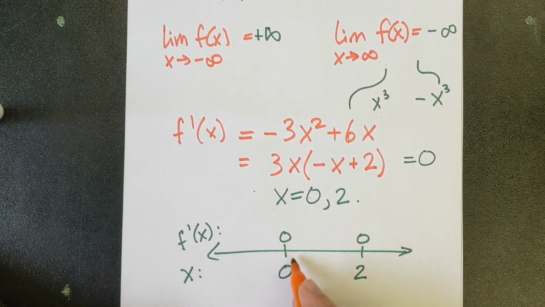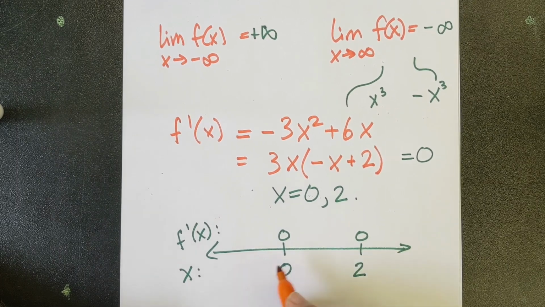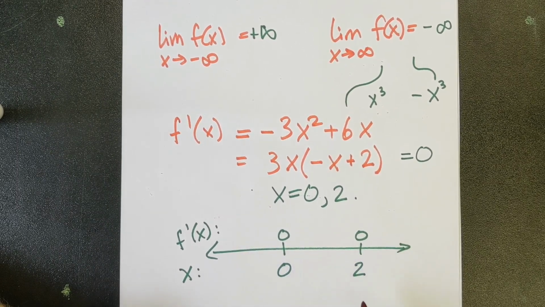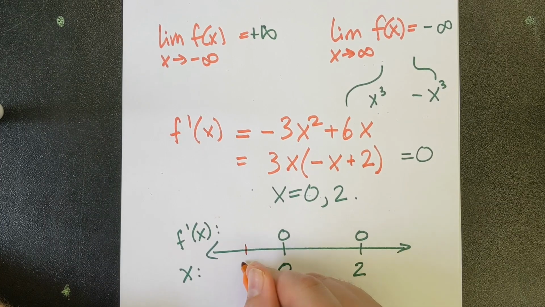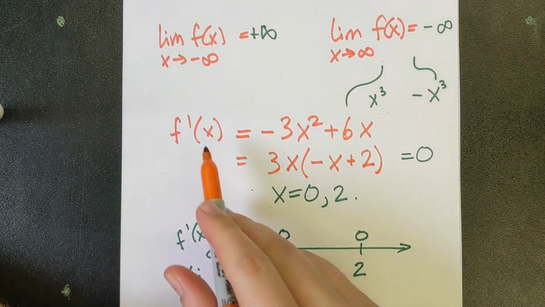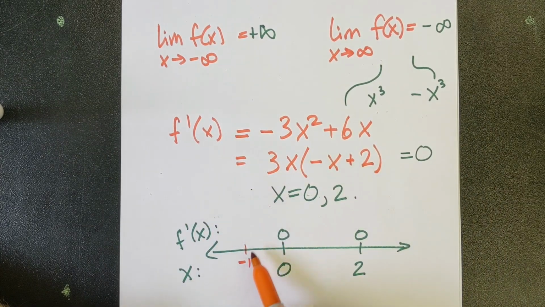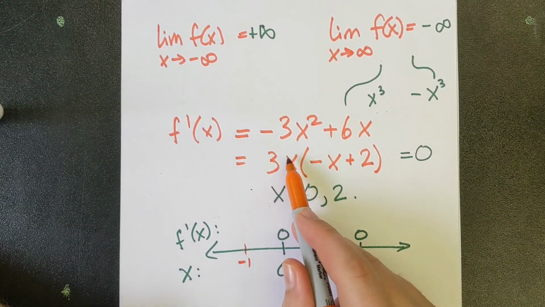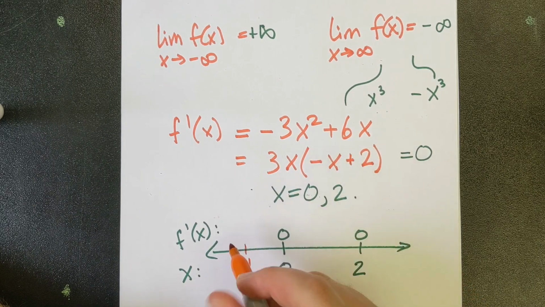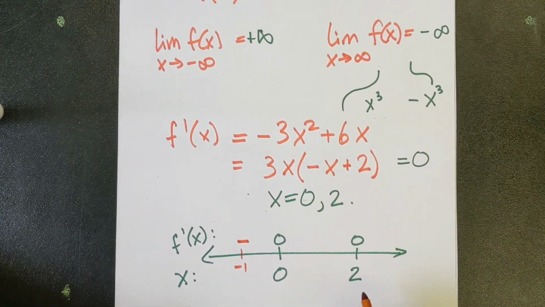If I'm positive at one point, I'm positive on the whole interval. So we just need to check one point on each interval. For instance, over here, you might test negative 1. If you plug that into your derivative, not the original function, the derivative, you get a negative times a positive, which comes out to be a negative number.